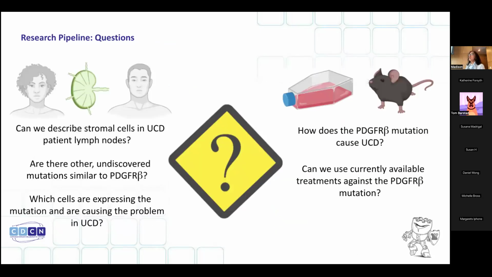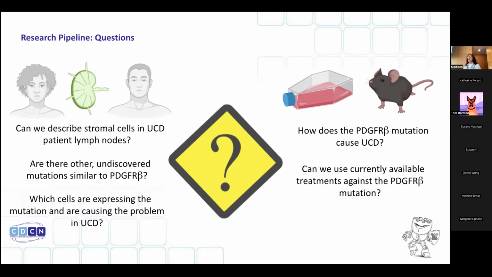All right. So we still don't have answers to all the questions. So all of this is going to require ongoing work, and hopefully we'll have the funding to do it. But we'll be looking at the stromal cells that have this gene mutation. Why do they get the mutation?